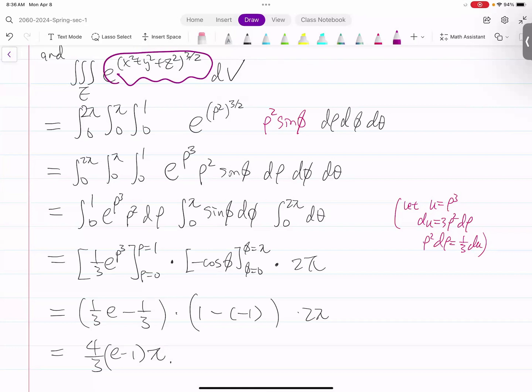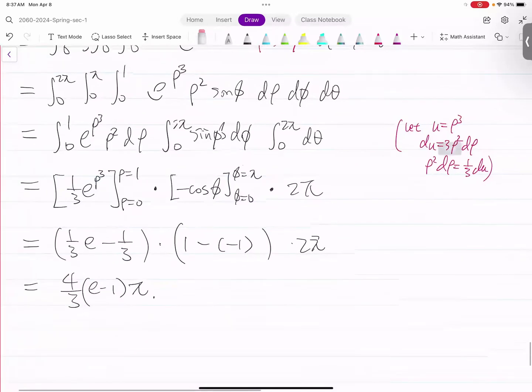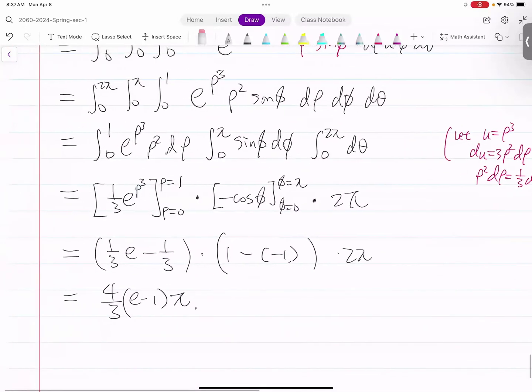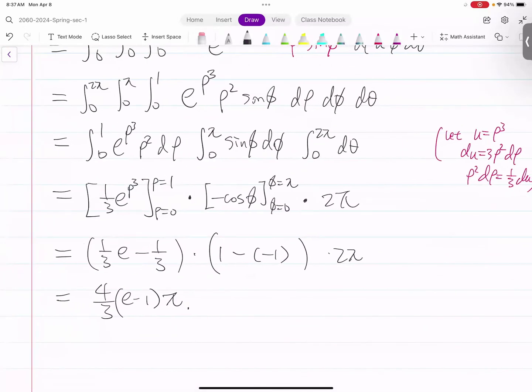If you have x squared plus y squared plus z squared, it's a hint that you probably want the distance from the point to the origin, so you need to convert. That's one thing we can think about. The other hint is that we have a sphere, a unit ball. So that also indicates that it's possible to utilize spherical coordinates.